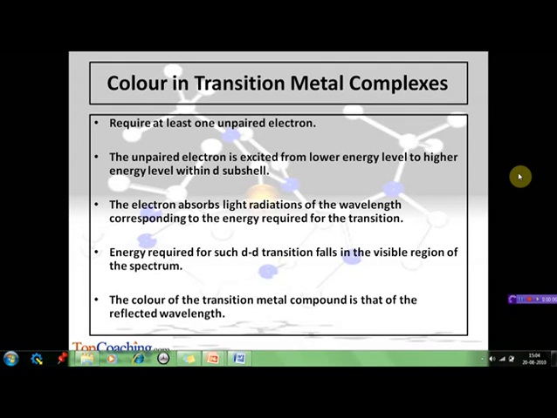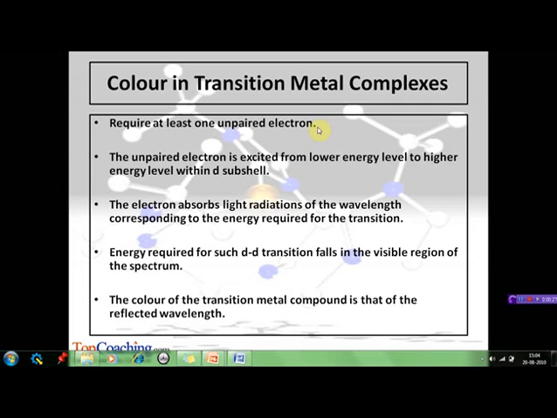The transition metal compounds are colored if in that particular oxidation state it possesses at least one unpaired electron. When the formation of a transition metal complex takes place, the ligands increase the energy of the orbitals of the metal, causing them to split into two groups.